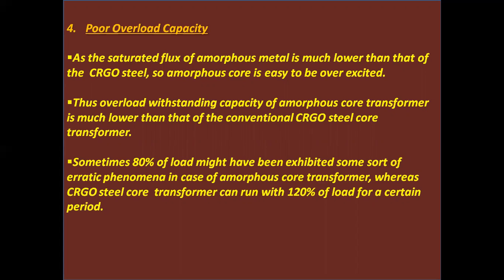Sometimes 80% of load might exhibit some sort of erratic phenomena in an amorphous core transformer, whereas a CRGO steel core transformer can run with 120% of load for a certain period. This is the advantage of CRGO steel over amorphous alloy steel core.